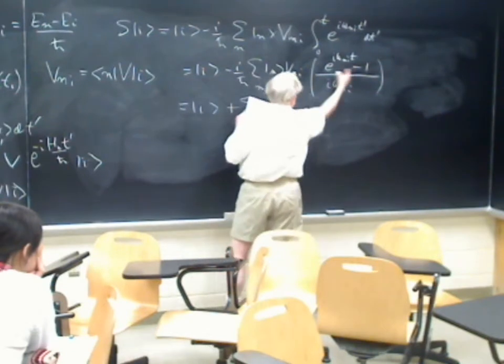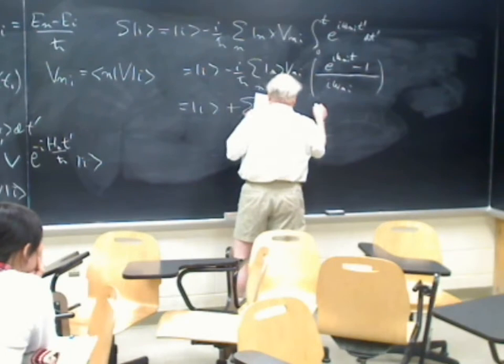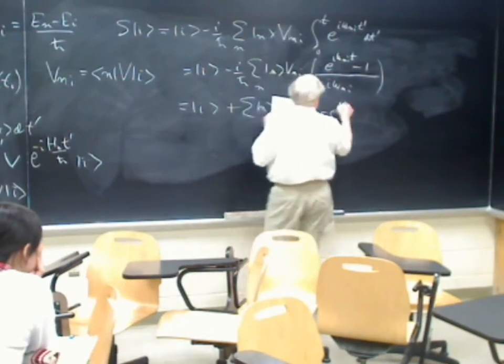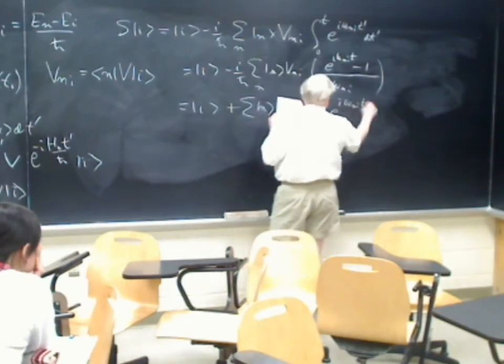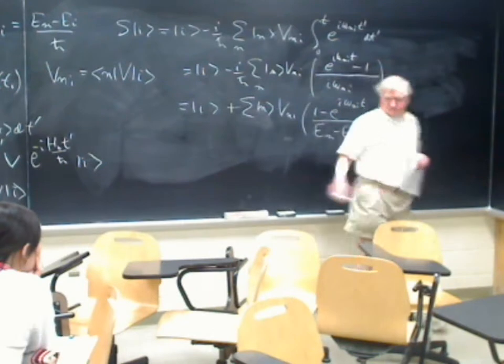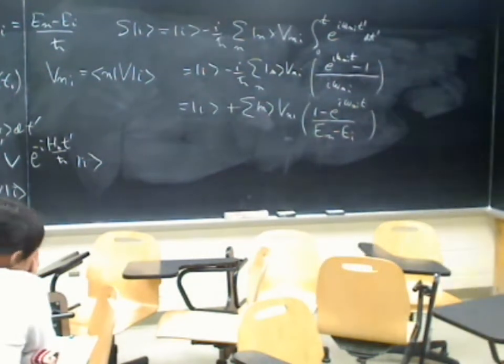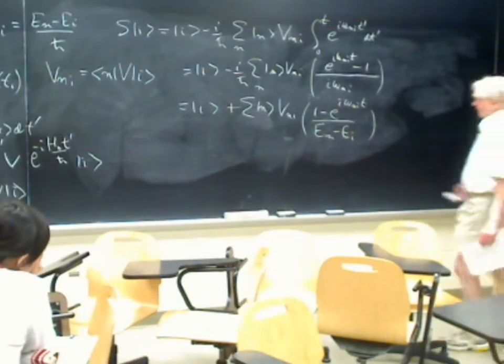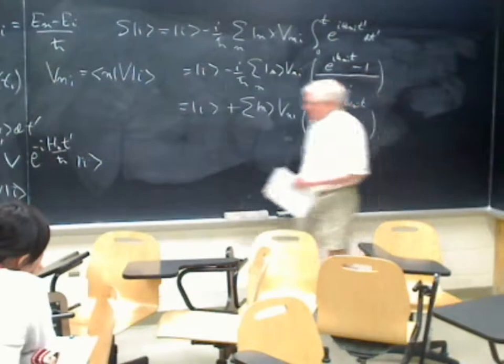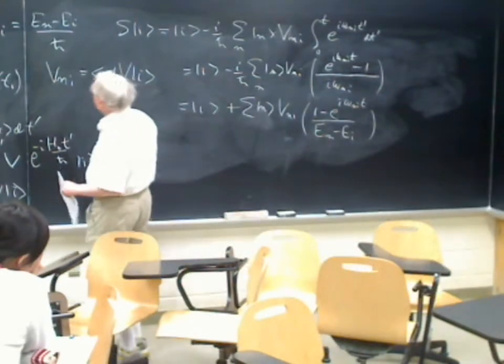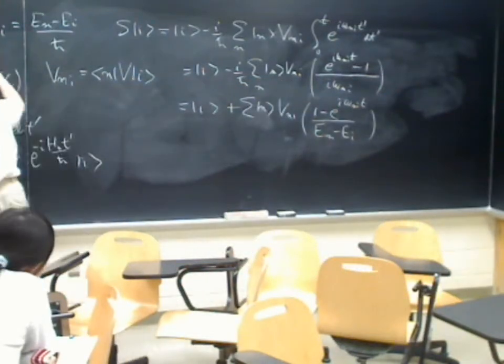Now I'm going to invert these two to absorb the minus sign. 1 minus e to the I omega ni t divided by En minus Ei. So we've got an energy denominator of the sort that we saw in the stationary state perturbation theory. And this omega, of course, is called a Bohr frequency. You must have seen that. So this is associated with Bohr.